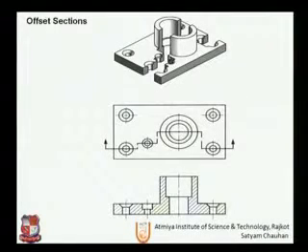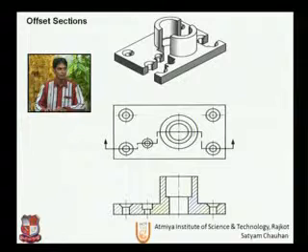Moving to the next one, the offset section. Let us see a mechanical component like this. There are multiple drilled holes, so the part is a bit complicated. If we see the top view, there are 4 circles and one particular circle, the major cylindrical part, which we have to represent here.